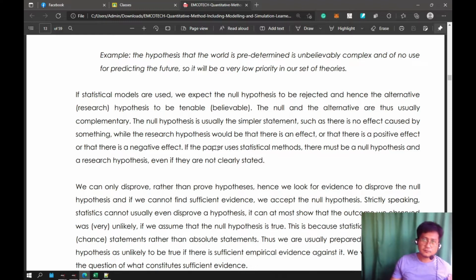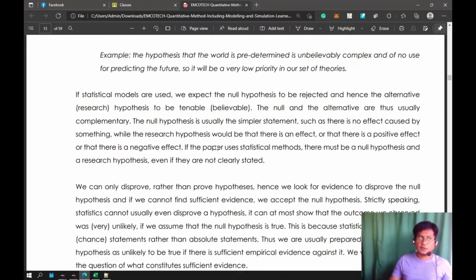Let's say the null hypothesis would be there is no relation between the amount of garbage in Pagadian City and the behavior of Pagadianons. So that is the null hypothesis. You believe that it's really not the behavior of Pagadianons that leads to the situation that the city of Pagadian has too many garbages if you look around. That's the null hypothesis. Okay?